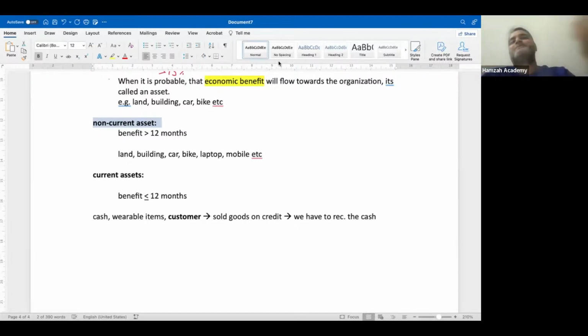Try to understand what I want to say over here. So poor us, our spouse is our asset as well. They're the biological assets. Our parents are our assets, our siblings are our assets as well. These are the biological assets, if I even want to count it from the accounting point of view.